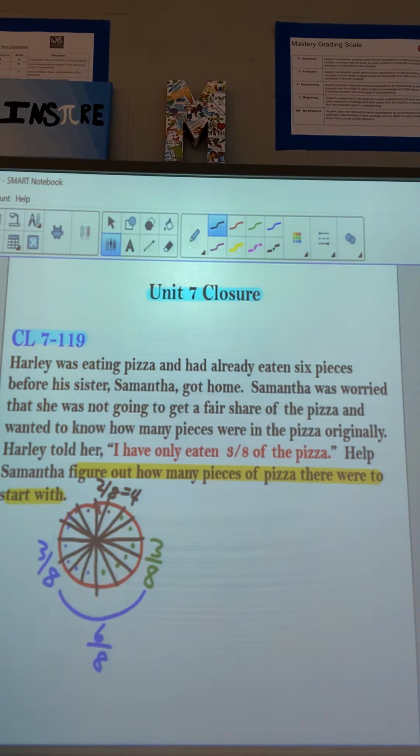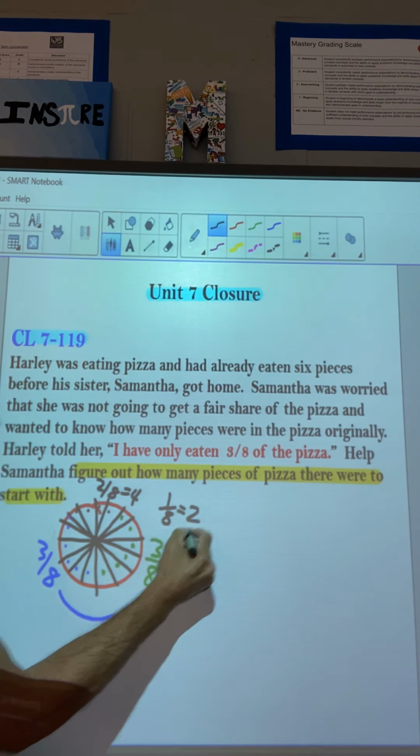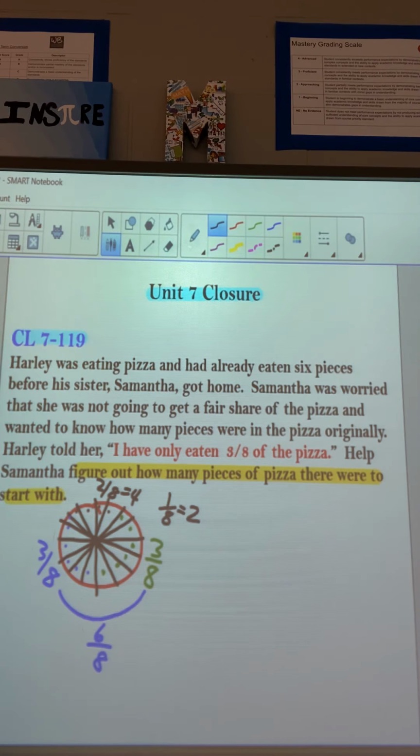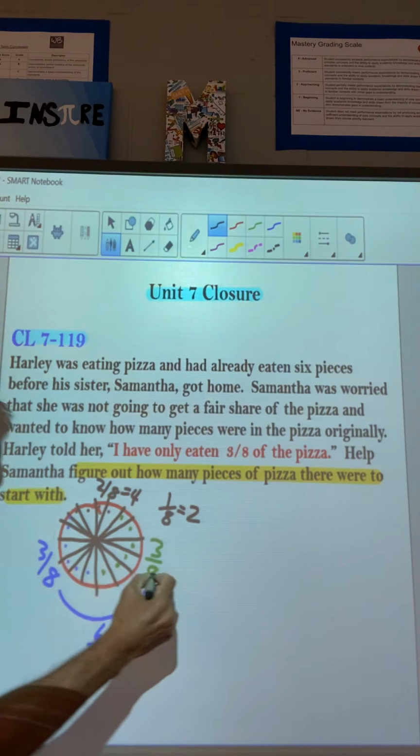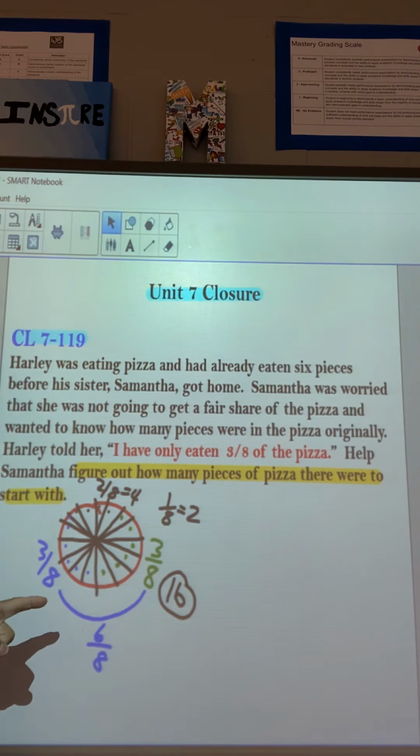Well, if 2/8 is 4 pieces, that means 1/8 is 2 pieces. So this all makes sense. Now we just add it up. But you notice how long that took. We know there were 6 pieces here, 6 pieces here, and 4 pieces there. So there's 16 total pieces. But that took a long time.